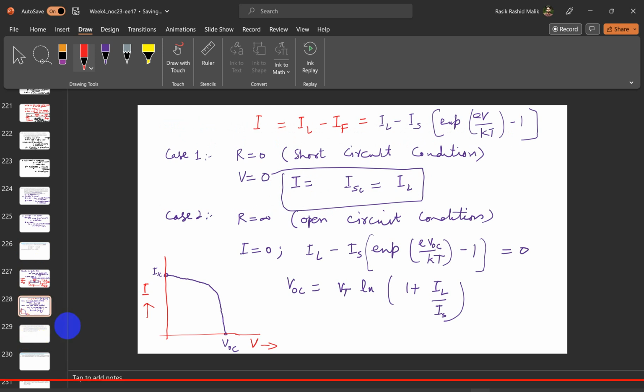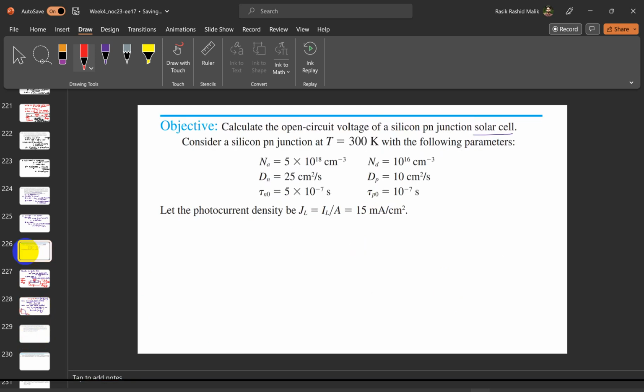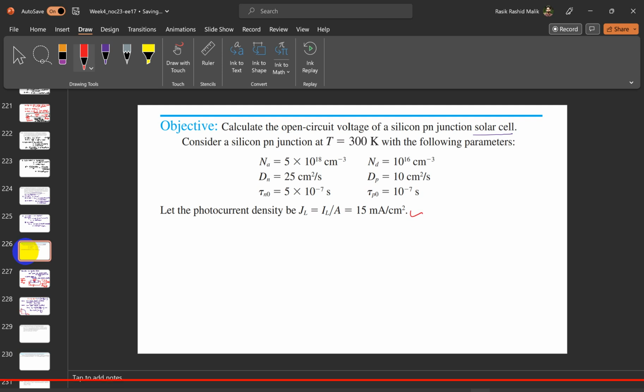To calculate IS, the reverse saturation current, we can use these values. We have already derived the relations for IS in the previous lectures. And then IL is already given here. So from that we can calculate the open circuit voltage.